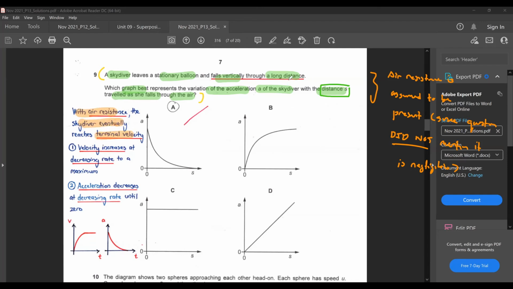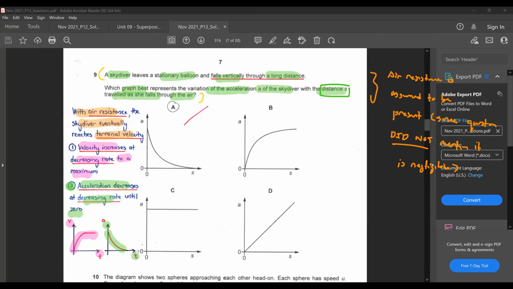From what you've learned so far, when someone falls, your velocity increases at a decreasing rate until you reach a maximum. Your v-t graph looks like this. And then your a-t graph, your acceleration will decrease at a decreasing rate until 0. Your graph looks like this.